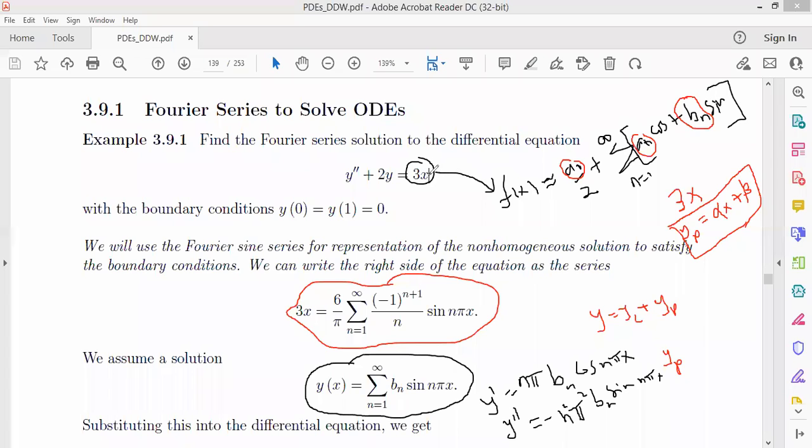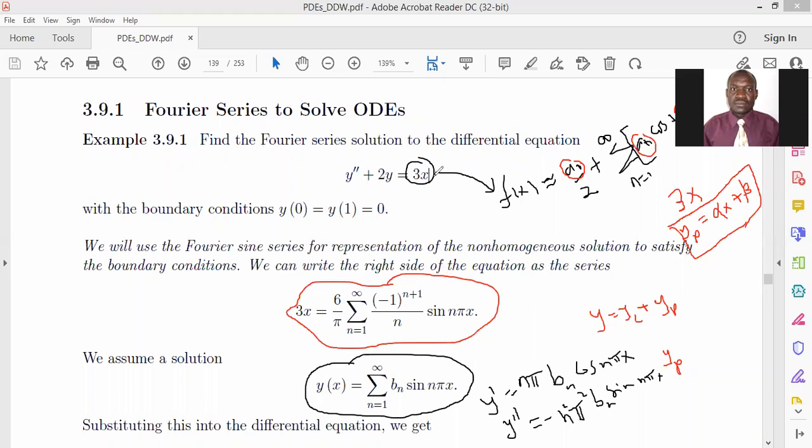What is 3x approximated to be? I have told you 3x is approximated to be 6 over pi summation of that. Remember, we are solving. So if our fx here is approximated to be this, then it means the y value, you substitute in the values of y to get this one here.